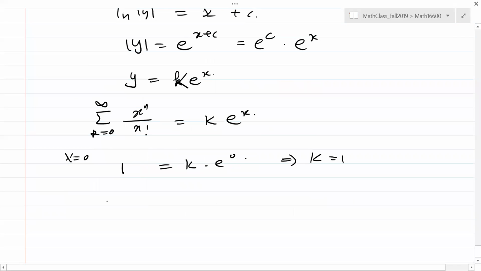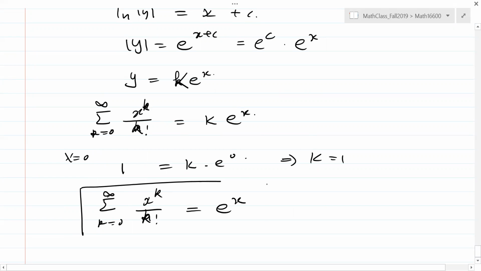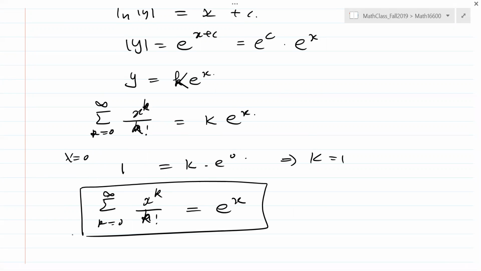So that's how we get the identity. The exponential function is represented by this power series.